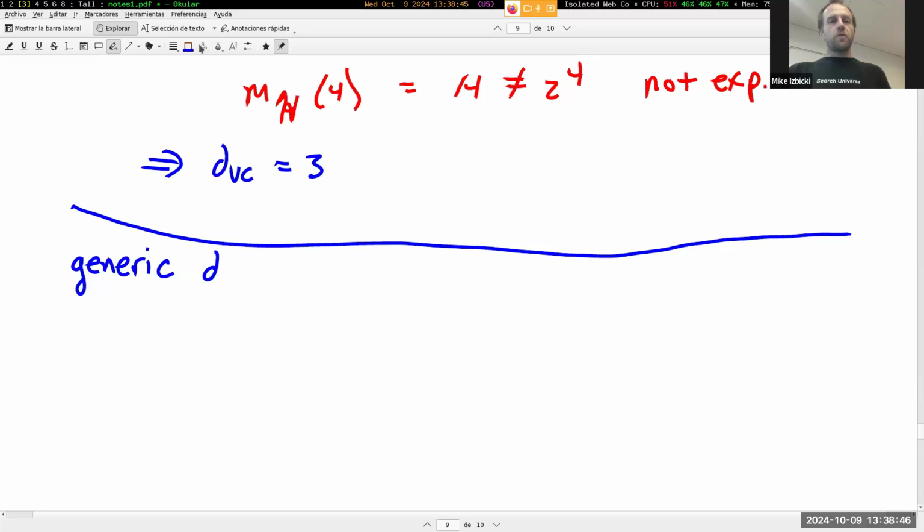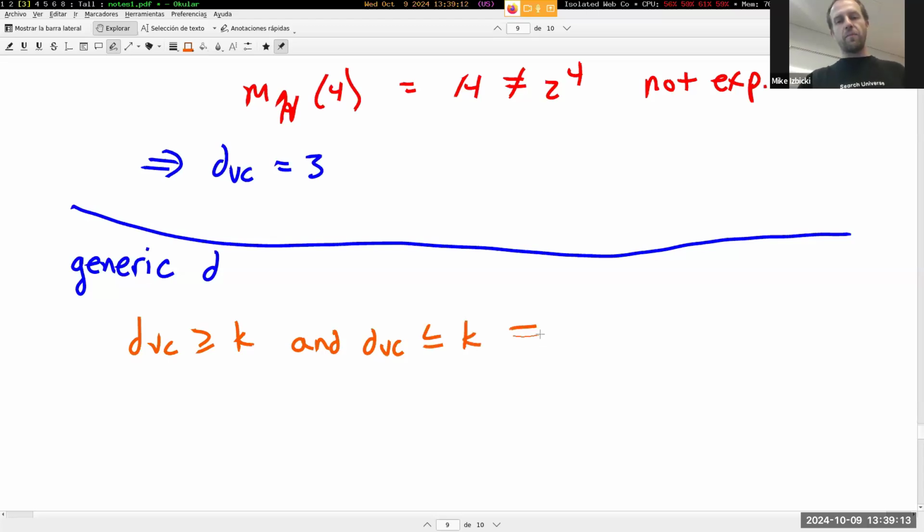The general procedure for proving a VC dimension bound is a procedure that's familiar for people who've done analysis sorts of courses before, but we're going to do a 2-step thing. We'll show that the d_VC is greater than or equal to some value, we'll say k, and the d_VC is less than or equal to that same value k, and both of those two things combined together will prove that the d_VC is equal to k.